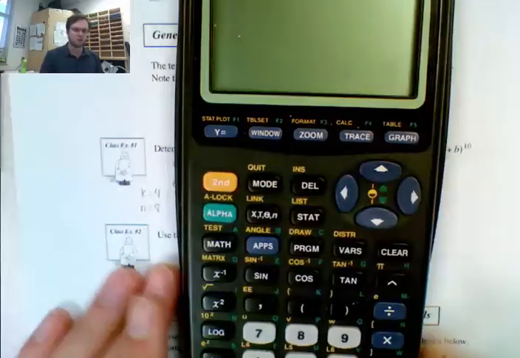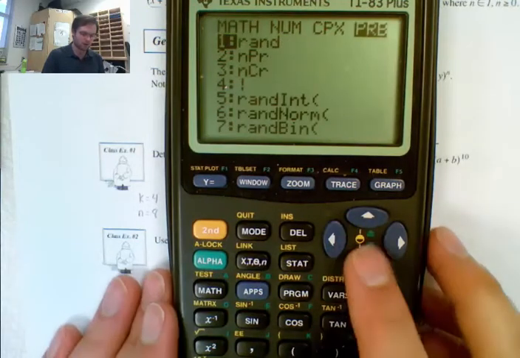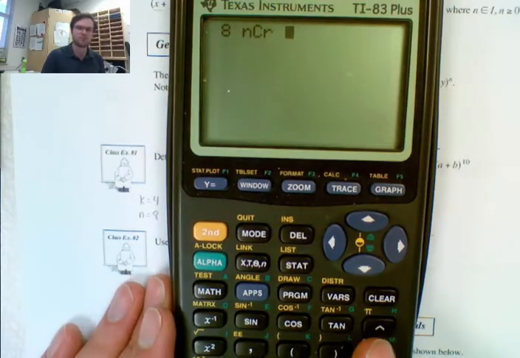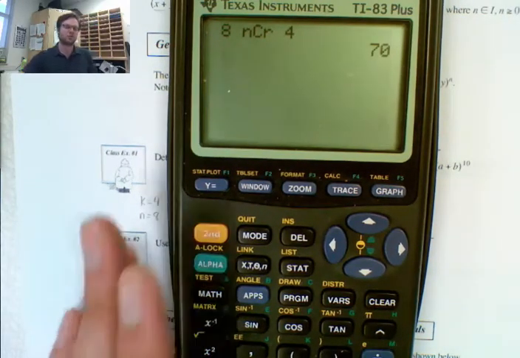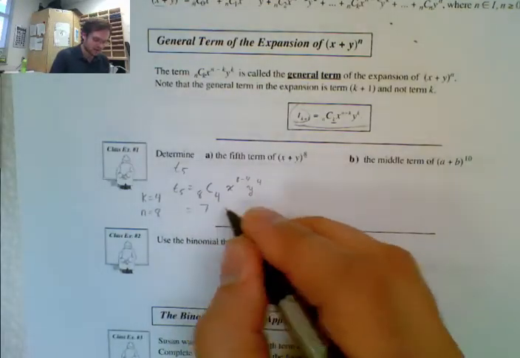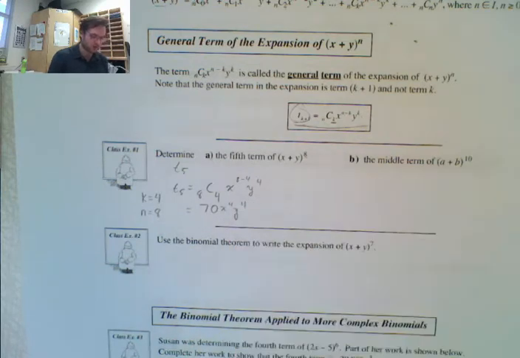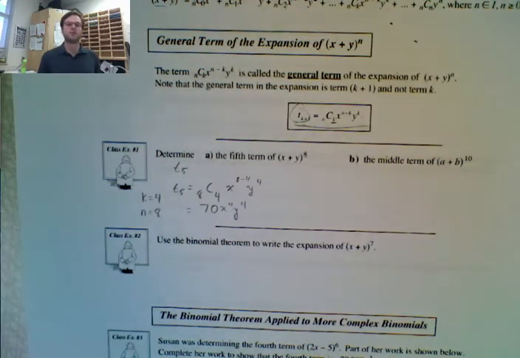Just quickly go 8, math, go all the way over, combination of 4 gives me a total of 70. So this gives me 70 x to the power of 4, y to the power of 4. That is my fifth term.